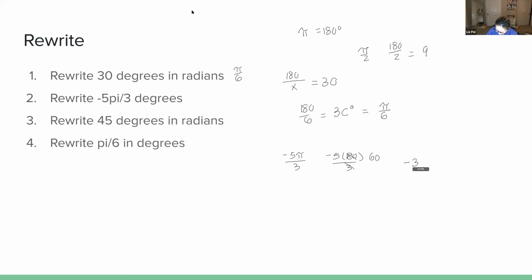So you will get -300 degrees. These might seem hard or weird right now, but as you do it more, you just memorize them easily. So we will leave 3 and 4 to you guys, and I will come back in 2-3 minutes.